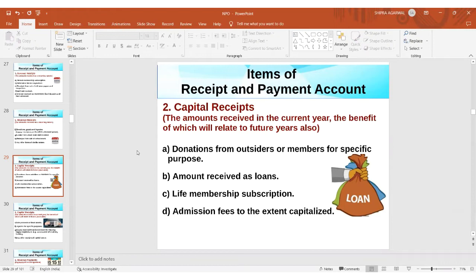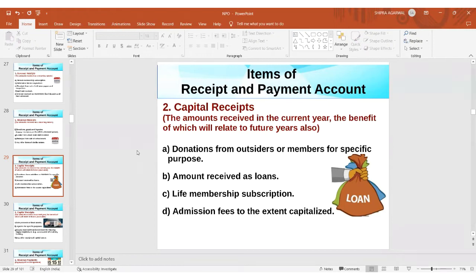One can be the annual subscription, and the other one can be the lifetime subscription. Annual subscription, you get it at regular intervals, that is yearly basis. But when I'm talking about the life membership subscription, then the person is going to pay only once in his lifetime. So as a result, this life membership subscription will be a capital receipt.